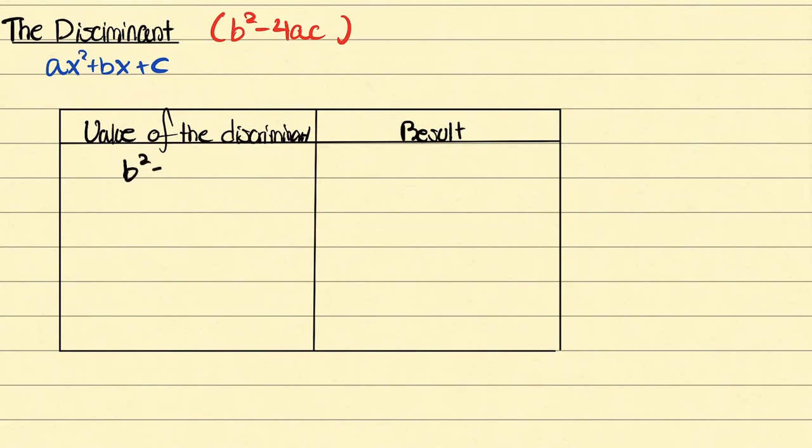So if b squared minus 4ac, the discriminant, is exactly 0, what we get is 1 rational solution out from the quadratic formula.